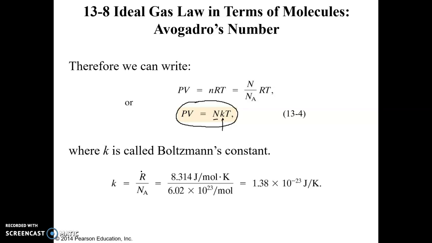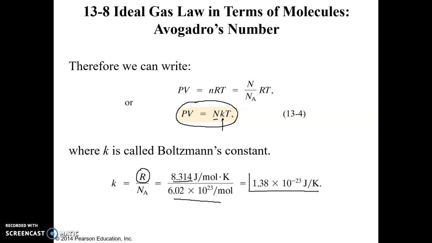Boltzmann's constant is equal to R, the ideal gas constant, which we introduced earlier in its 3 different forms using different units. In this case, we're using the 8.314 joules per mole Kelvin divided by N sub A, Avogadro's number, 6.02 times 10 to the 23rd.